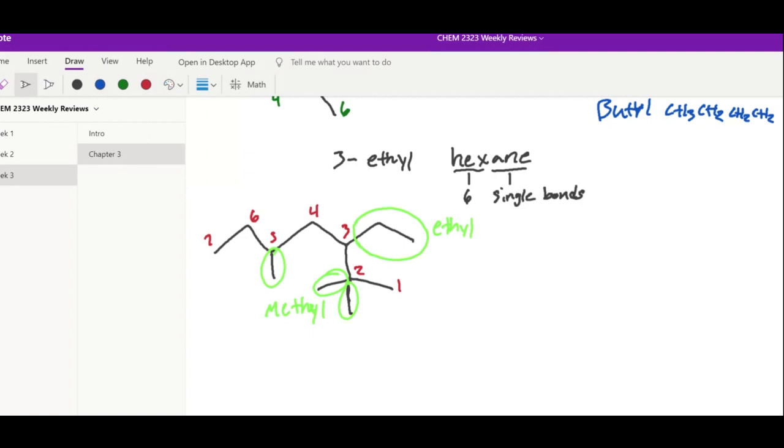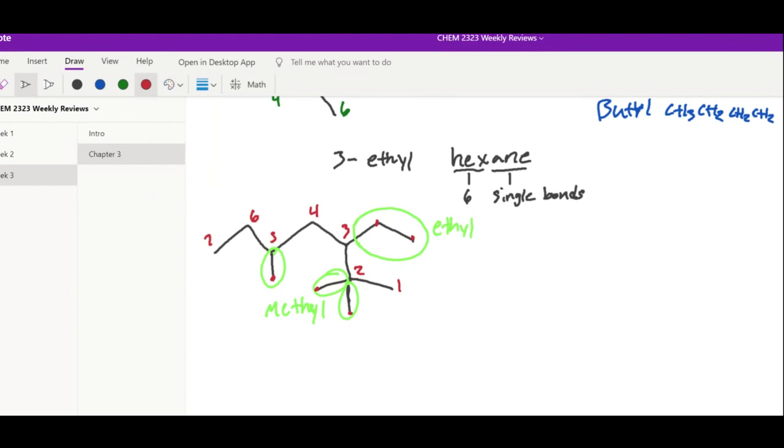Okay, so if you're having trouble figuring out how do I know if it's methyl, ethyl, propyl, or butyl, just count the number of carbons. So remember, each vertex is a carbon. So 1 carbon is going to be CH3, which is methyl. 2 carbons is going to be ethyl.